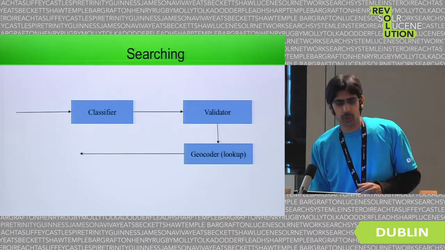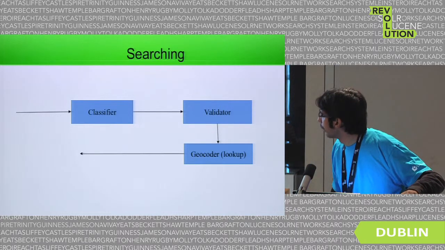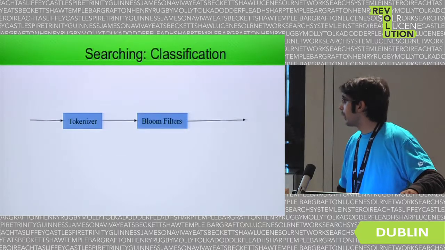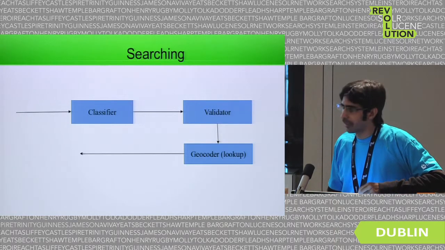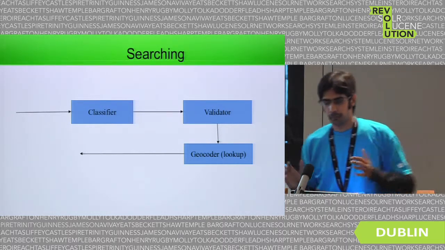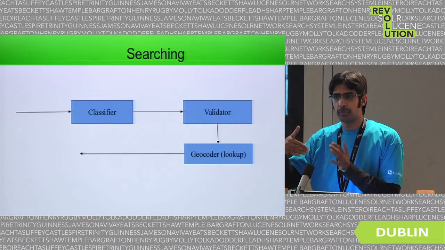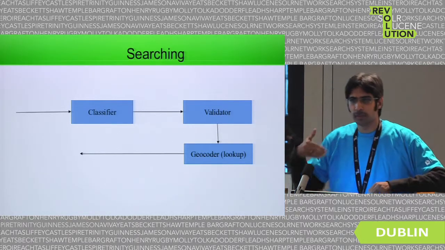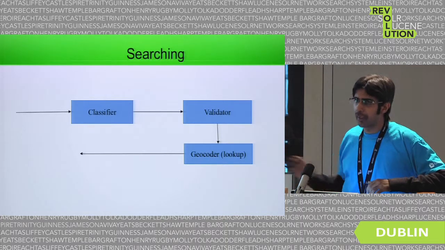So how do we search? Now we come to the interesting part. First of all, a raw query comes into the classifier. This component is in the entire system above the base index, above the Lucene index. It's an in-memory classifier.